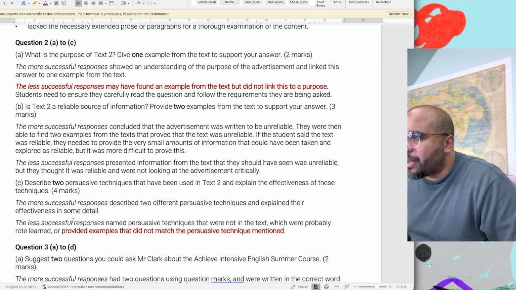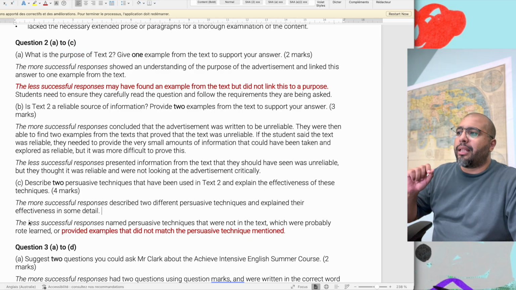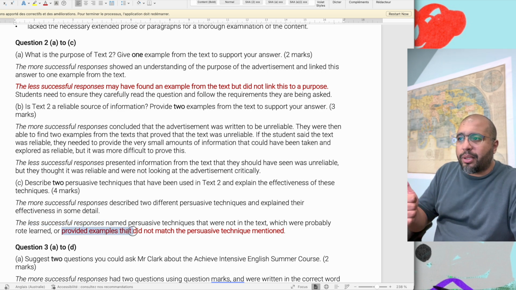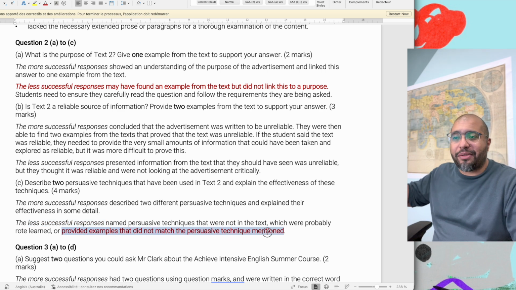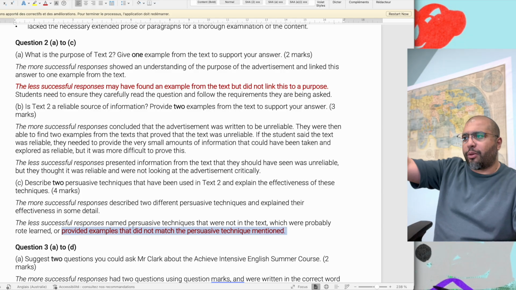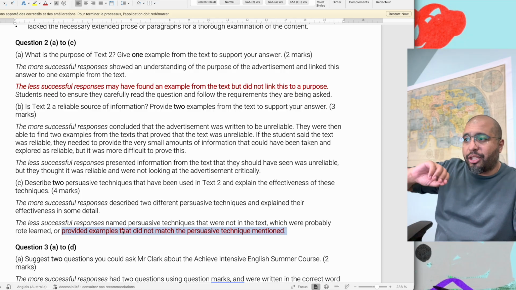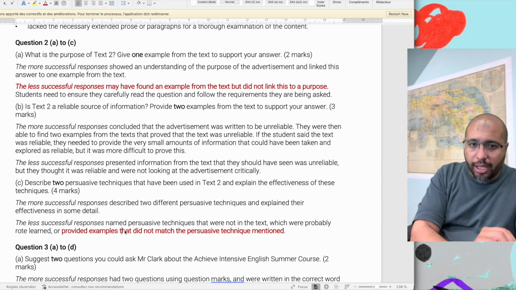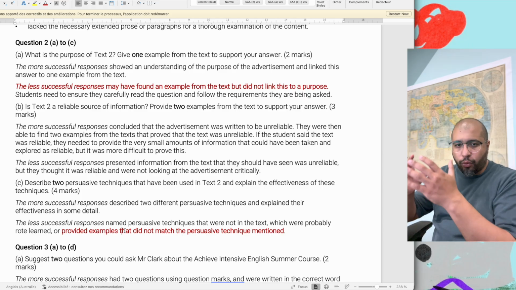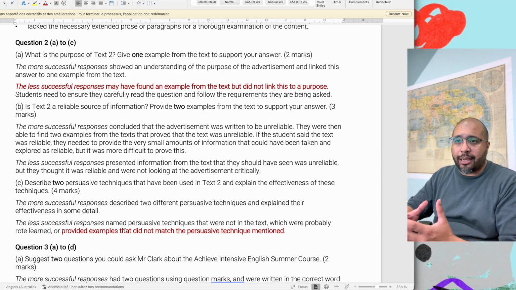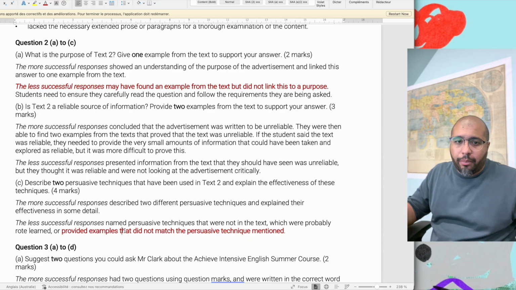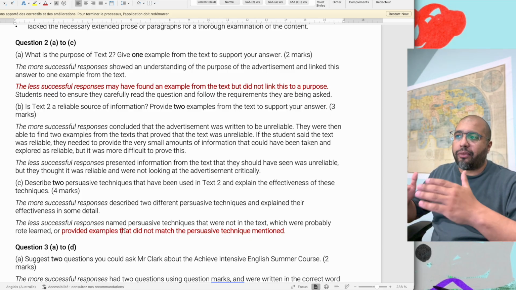The second useful piece of advice is that the less successful responses provided examples that didn't match the persuasive techniques mentioned. Again, this is a question about persuasive techniques, but generally speaking, when the example does not match the response, that is a weak answer, and that answer may not be given any marks, and if given a mark or two, it will not be a full mark.